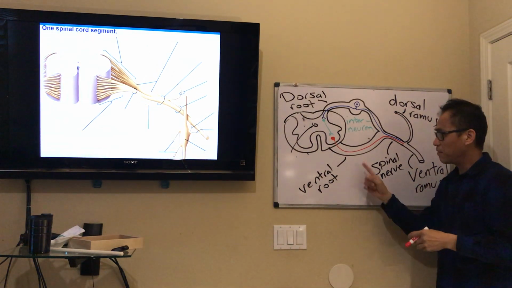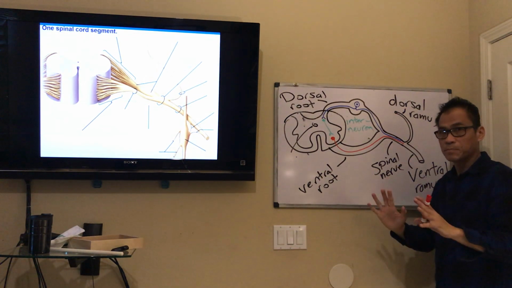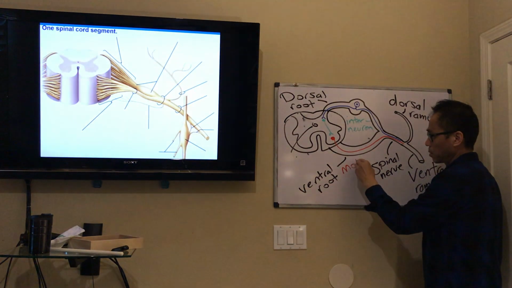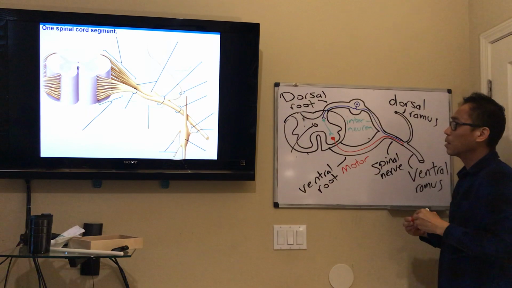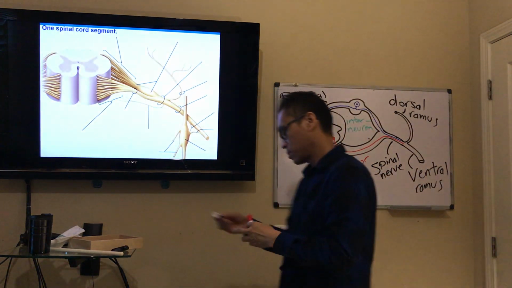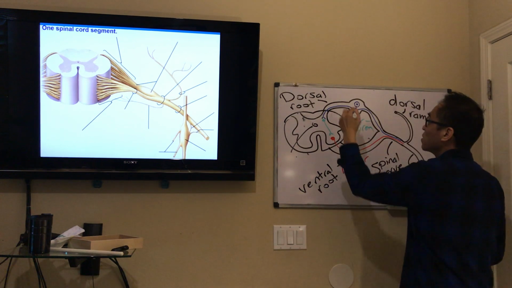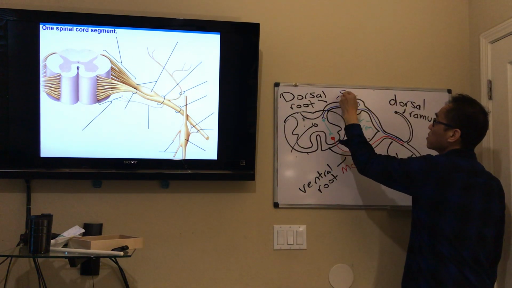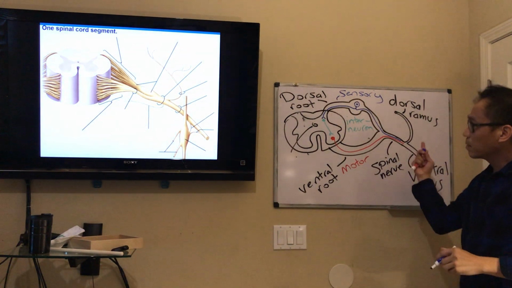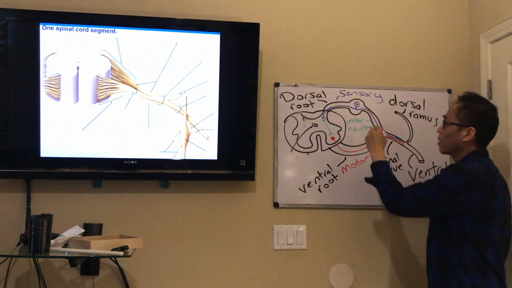So what we see here is that the ventral root is strictly motor in function. But that the dorsal root is strictly sensory in function. Information goes in this way.